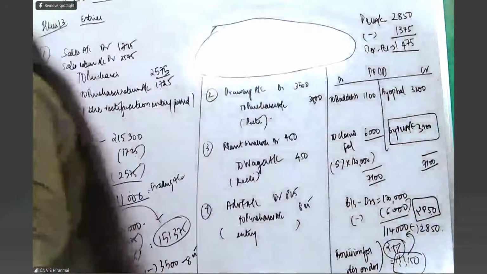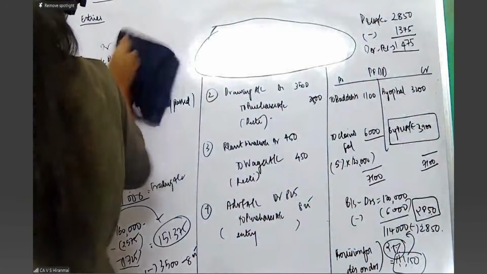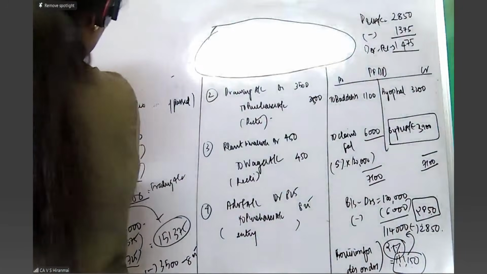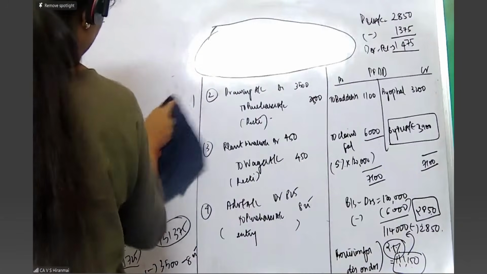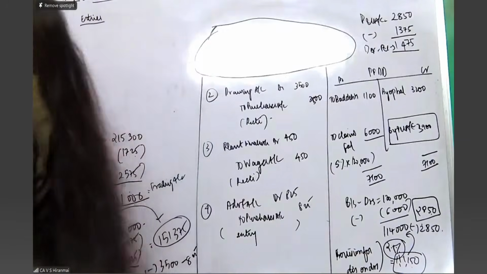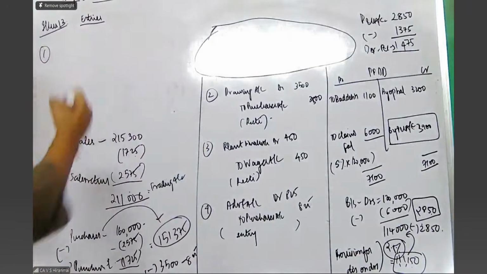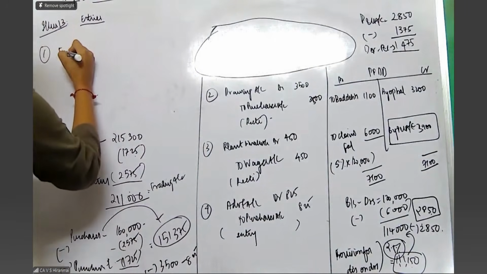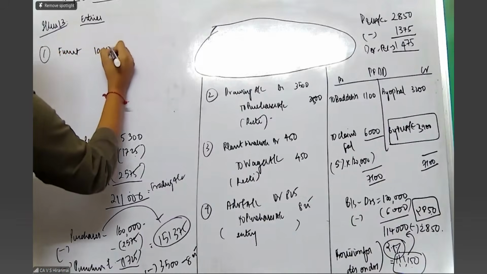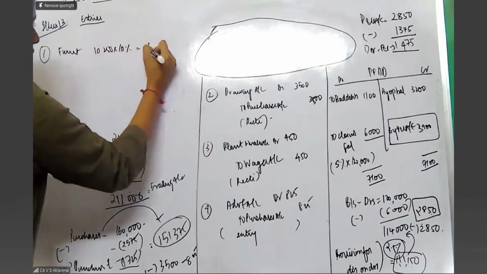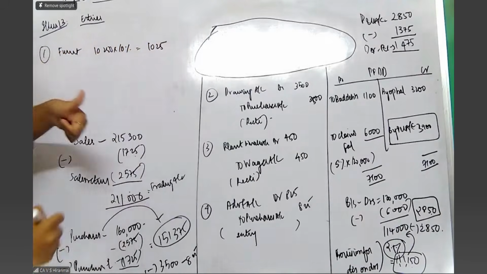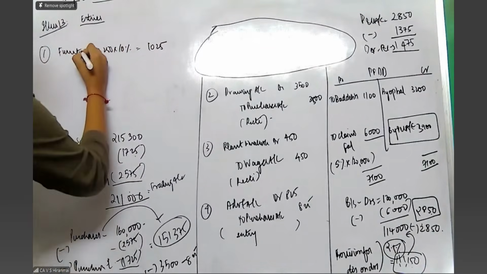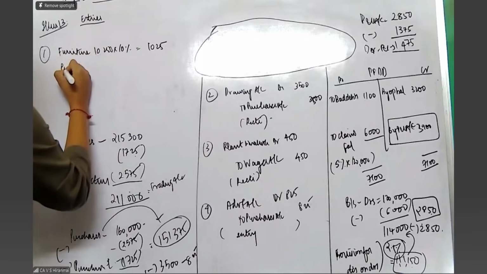For depreciation, I'm coming this side. All of you please see, the first one is the furniture. In furniture, 10,250 into 10% gives you 1,025. After the furniture, plant and machinery.